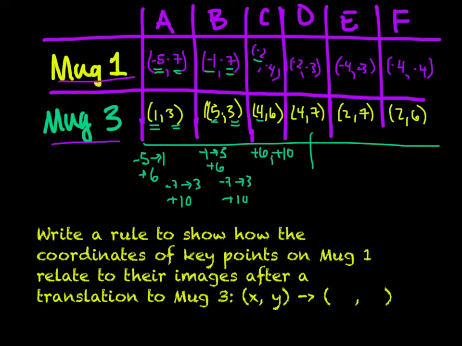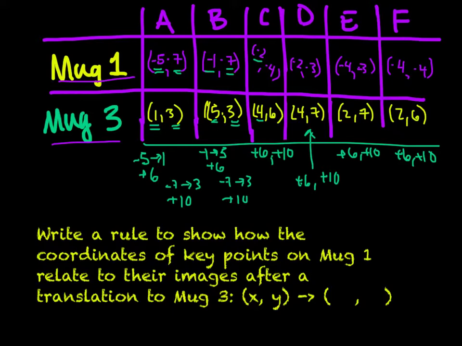See if we have the same thing here. -2 to 4, we have to add 6. We knew that. -3 to 7, we have to add 10. Same thing for these next couple: add 6 and add 10, and then +6 and +10.